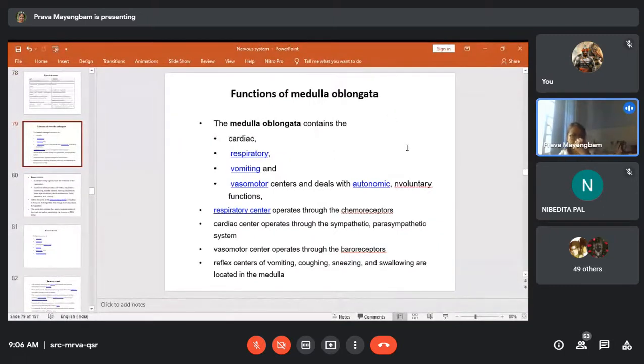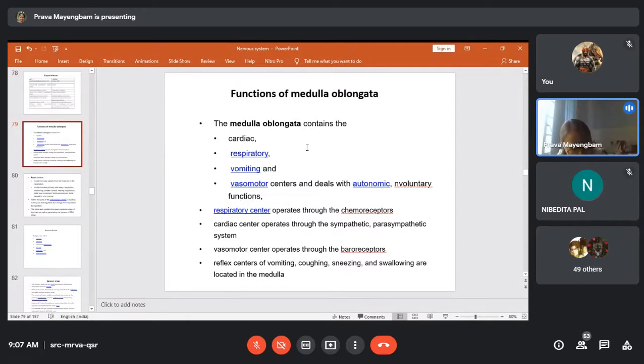So this is also a part of the brain, and what are the different portions in the medulla oblongata? The medulla oblongata contains the neurons which are responsible for controlling the cardiac activities and respiratory functions.